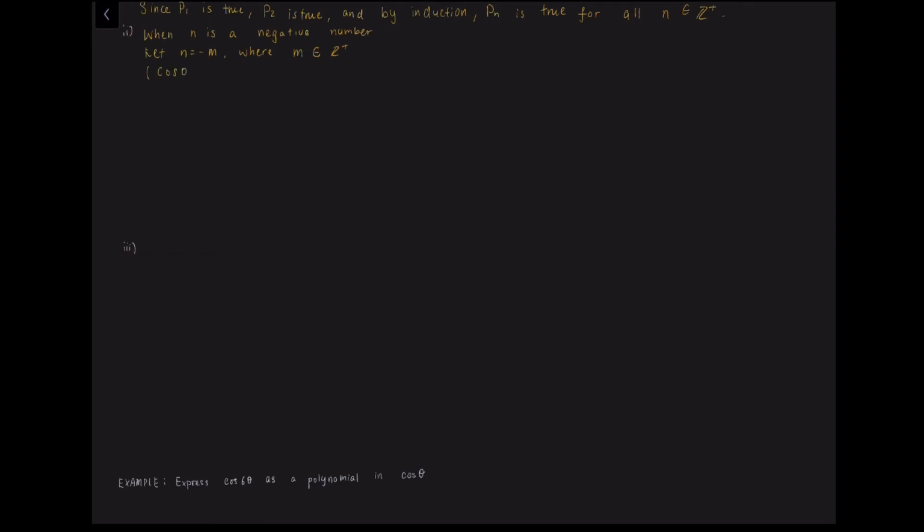So (cos theta + i sin theta)^n equals (cos theta + i sin theta)^(-m). And we know that this can be rewritten as 1 over (cos theta + i sin theta)^m. And then we use De Moivre's Theorem and we obtain 1 over (cos m theta + i sin m theta).